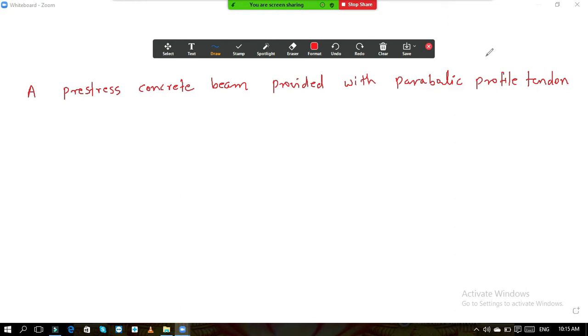The total external load on the beam is 35 kilonewton per meter. Full stop.